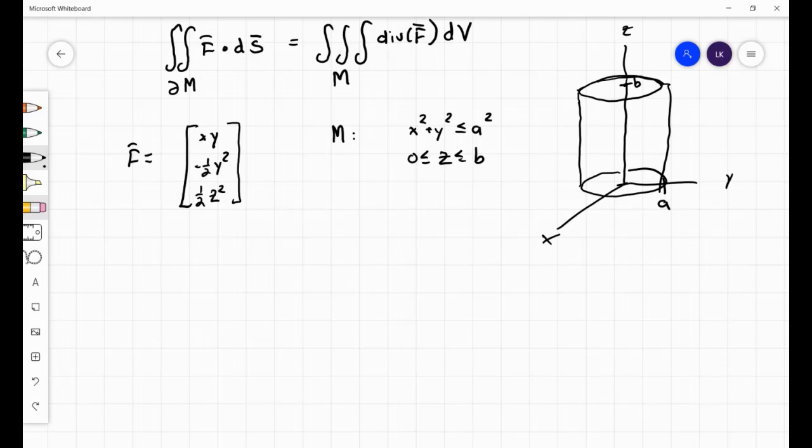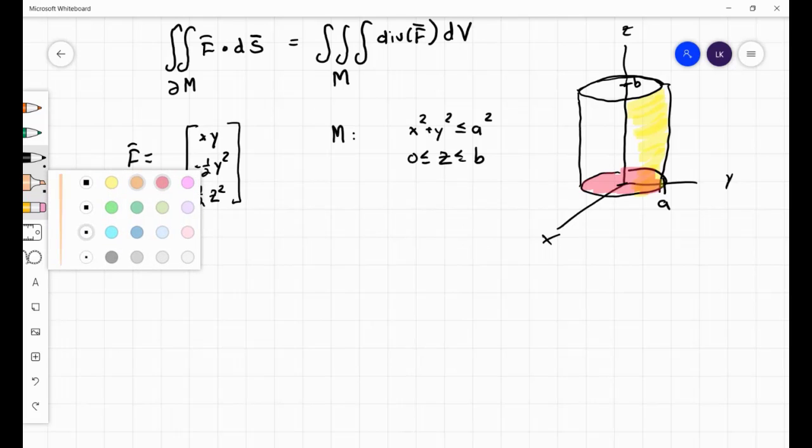And so we can consider the bounding surface, which would consist of the side of the cylinder together with the two bounding disks. So you have the bottom and then you have the top. So you have three different pieces.